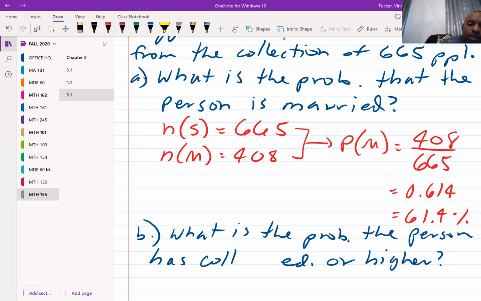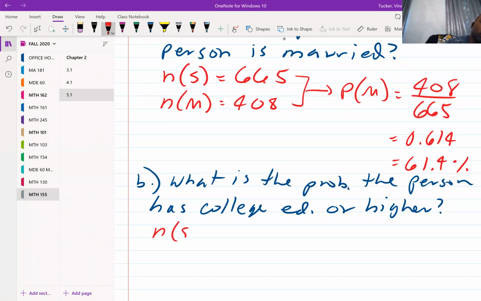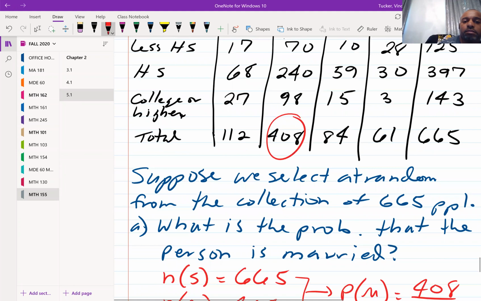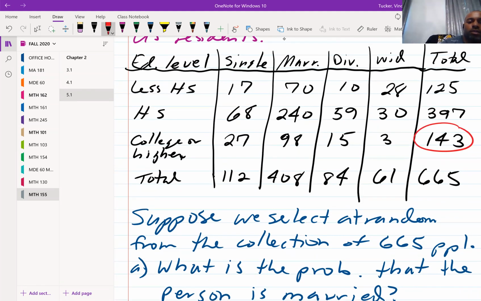So what is the probability that the person has a college education or higher? All right, our sample space has not changed, still 665, still dealing with the same problem. Now we want to look at the number of people who have a college education or higher. That'd be 143.